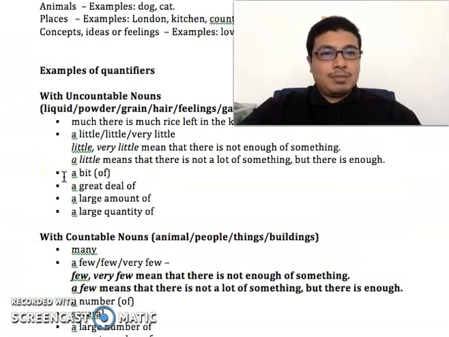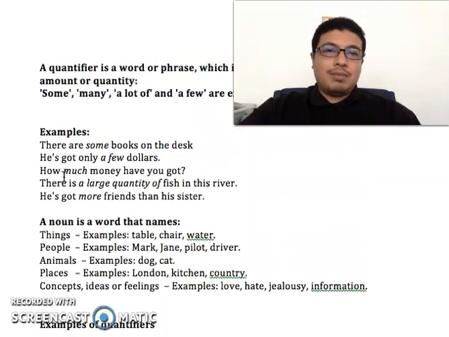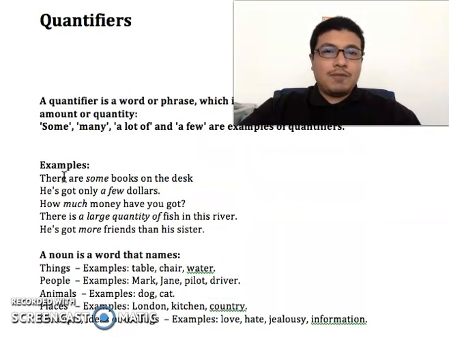So to conclude, it is important for you to use the correct quantifiers and identify the noun first if it is countable, uncountable, or both, and use the correct quantifiers in your sentence.